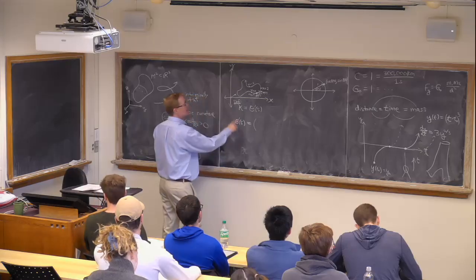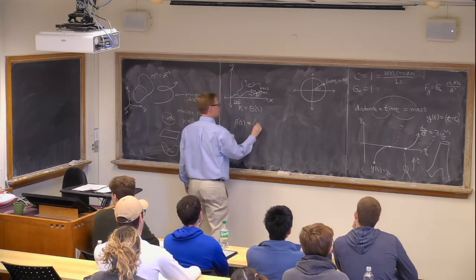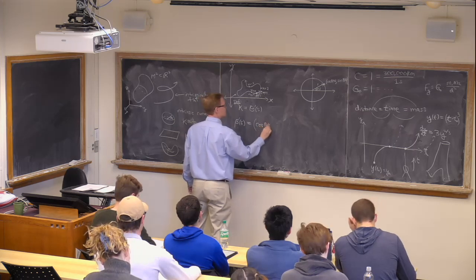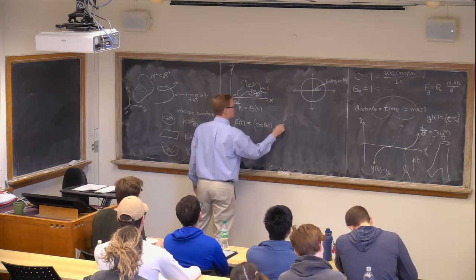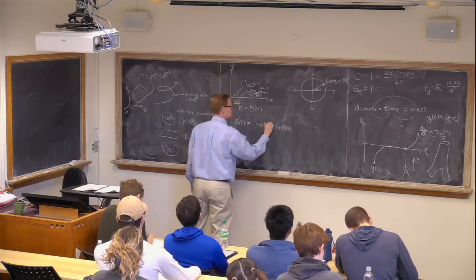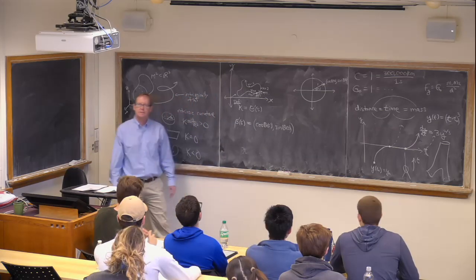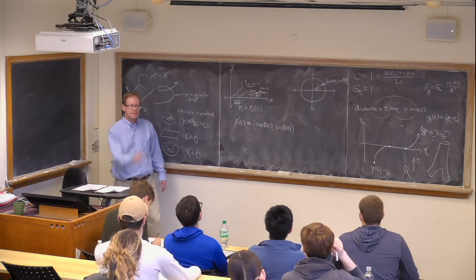Okay. And so beta prime of s, which is the rate of change of this, is that tangent vector. And this is cosine theta of s, comma sine of theta of s. Okay. Any questions?